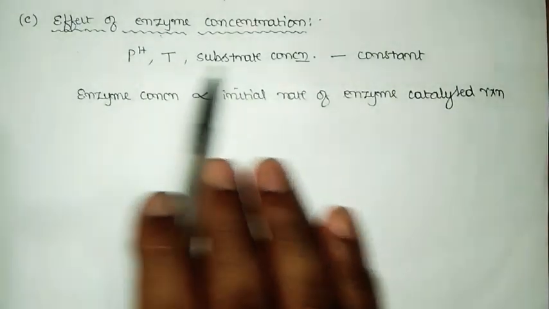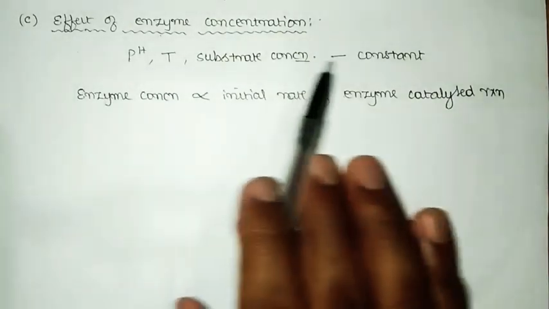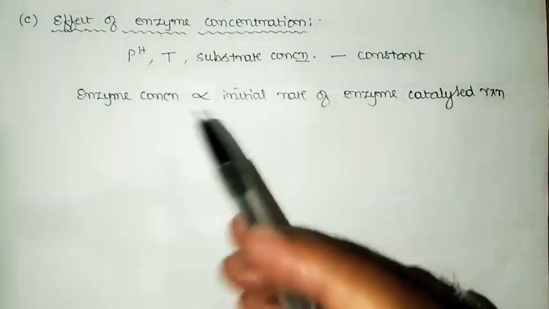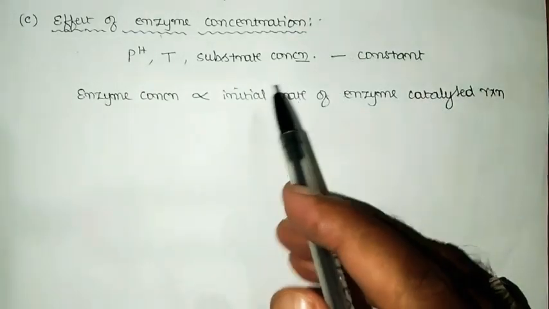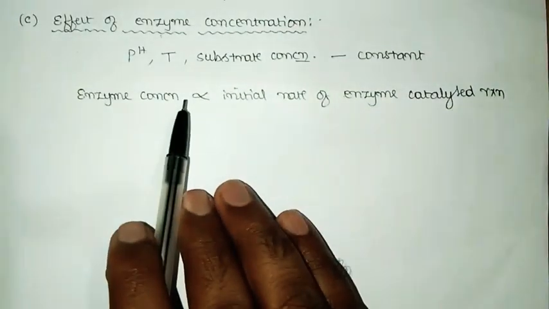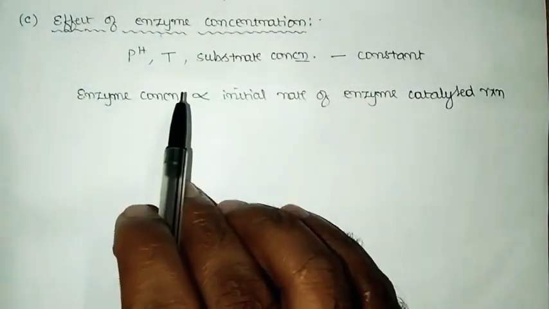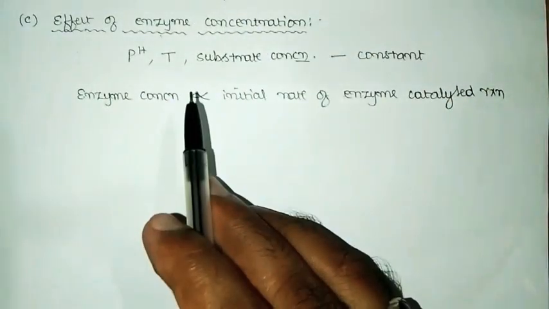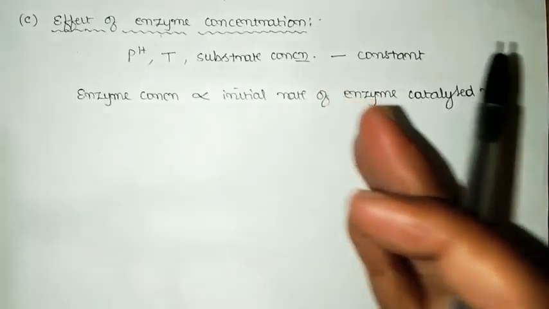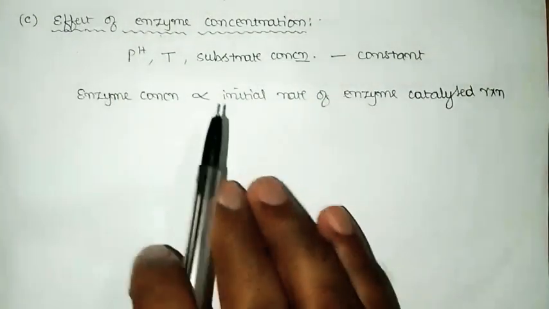But as the reaction proceeds, as time proceeds, the concentration of the product will increase, and the product molecules will start accumulating on the enzyme molecules. As product formation increases, the reaction will also show a tendency to go in the reverse direction, that means in the backward direction.